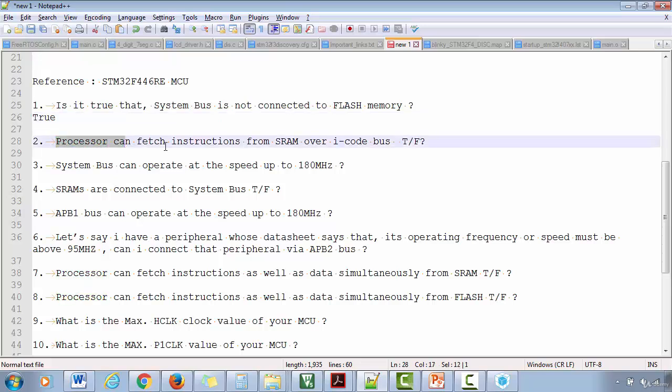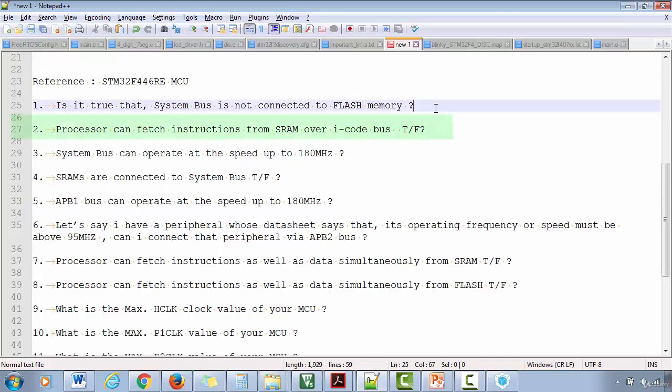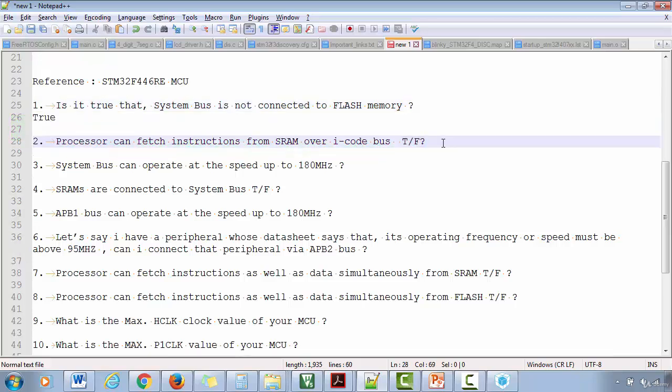The processor can fetch instructions from SRAM over the I-code bus interface. True or false? What is your answer for this?